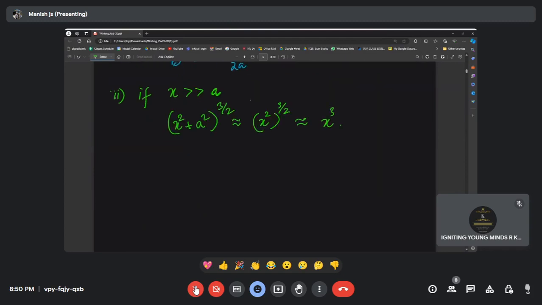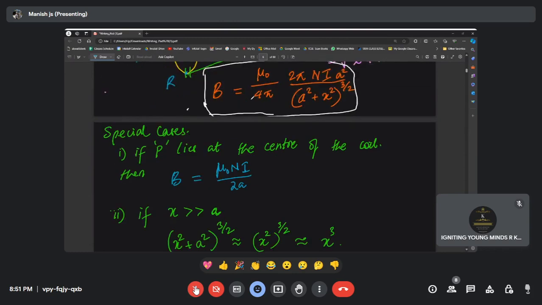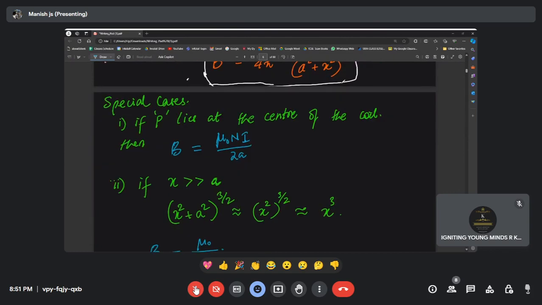So what happens to the magnetic field in this case? You just replace it with x cube. So you get magnetic field B equal to mu naught upon 4 pi times 2 pi N I a square upon x cube.